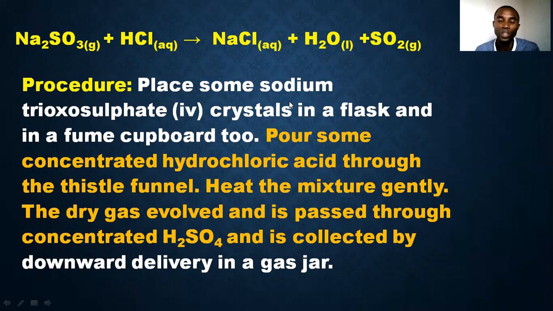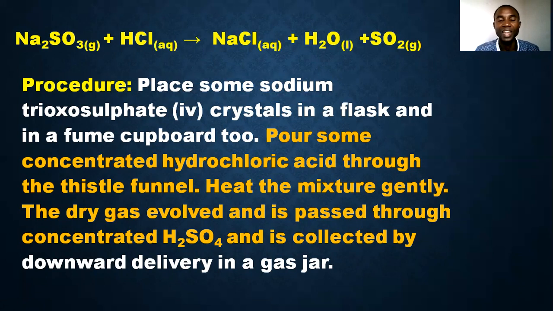Now, what is the procedure in the lab? We place some sodium trioxosulfate 4 crystals in a flask, in a fume cupboard, because of the nature of the gas. We pour some concentrated hydrochloric acid through the thistle funnel and heat the mixture gently.